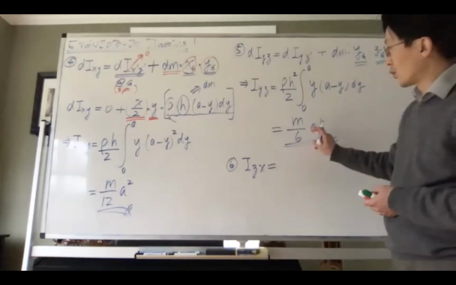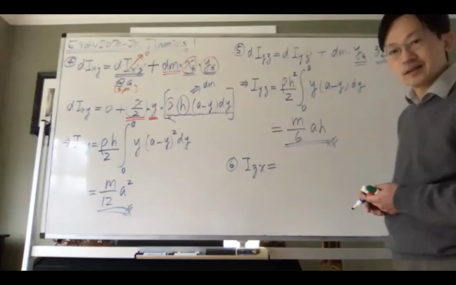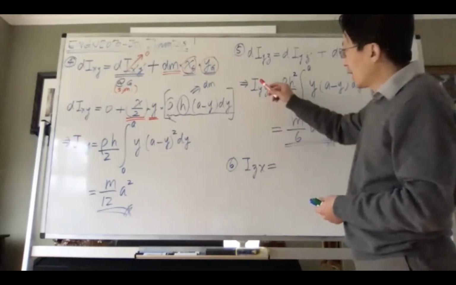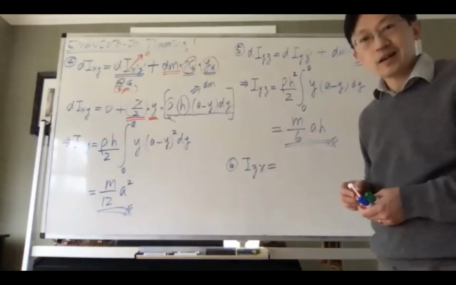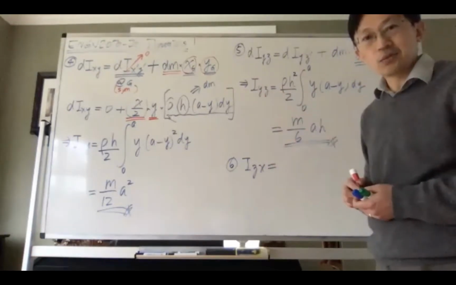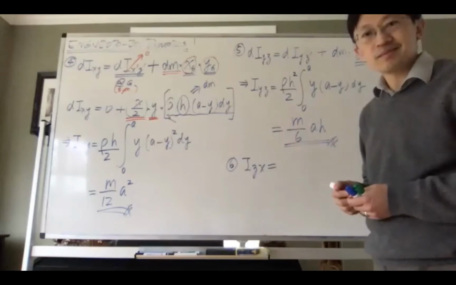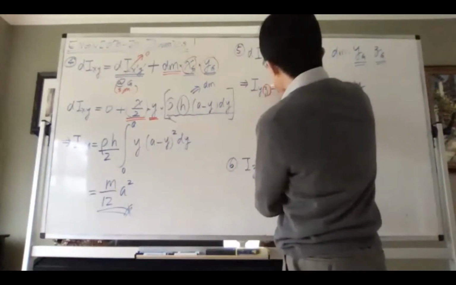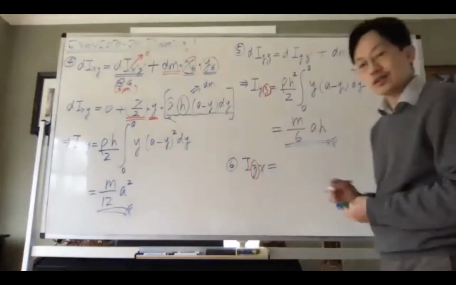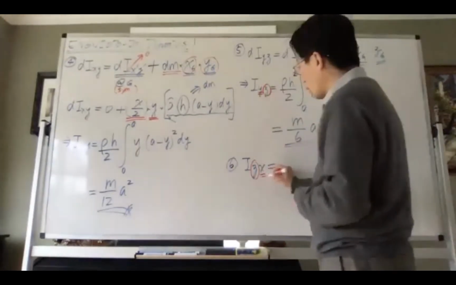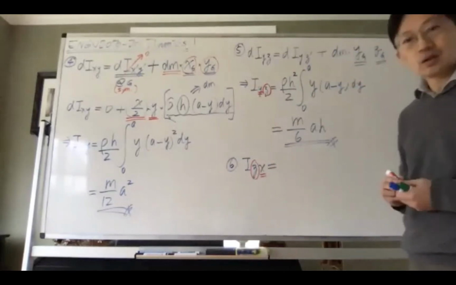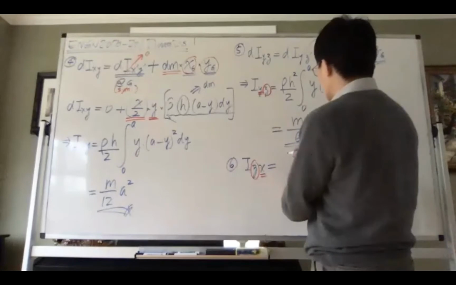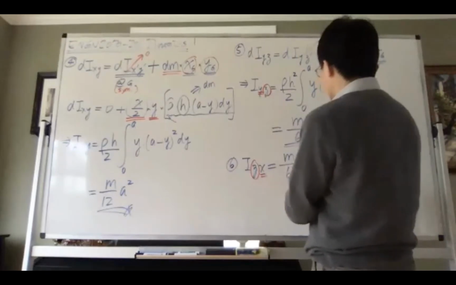Izx is also Iyz. And how do we figure that? It's because you notice that x-axis and y-axis are basically identical, right? You can swap these two. So all you need is to notice that as long as you have a z-axis here, if x and y are identical, and in this case they are, then this Izx is just the same.